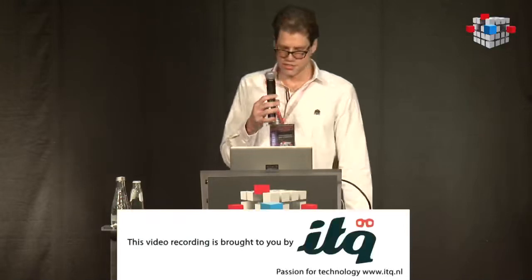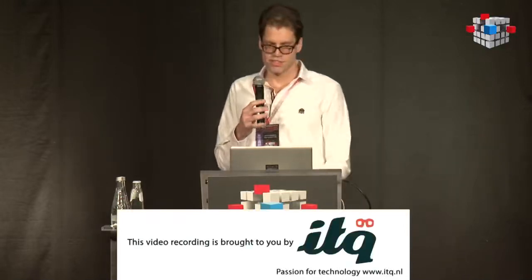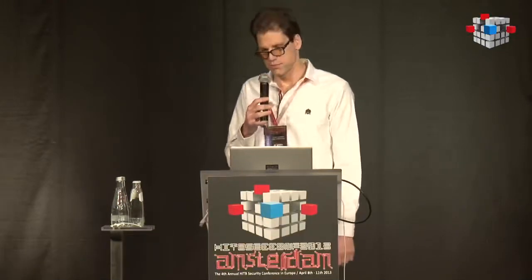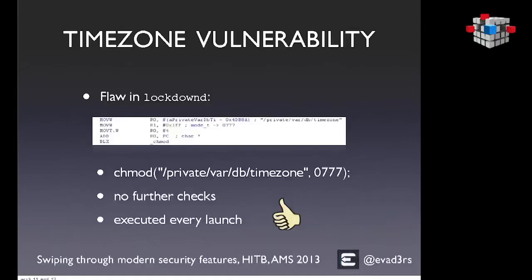I was looking through the disassembly and found this small piece of code showing a hard-coded chmod to world readable, writable, and executable, and this is not checked any further, because it's a hard-coded path, and it's executed every launch. It's a sub-function of the main function, so every time lockdownd is started, it will execute this chmod command.